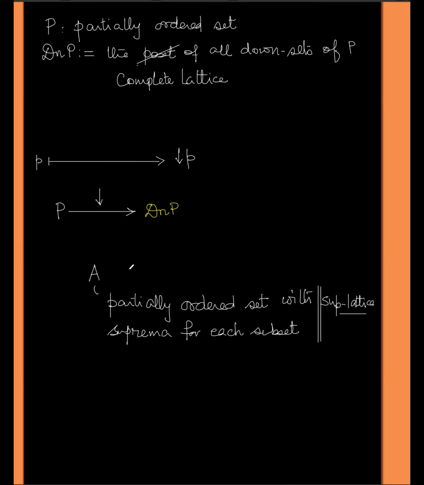But here we would not concentrate on the existence of the infima, but we would look into the suprema only. And this is any order preserving function which preserves the suprema.